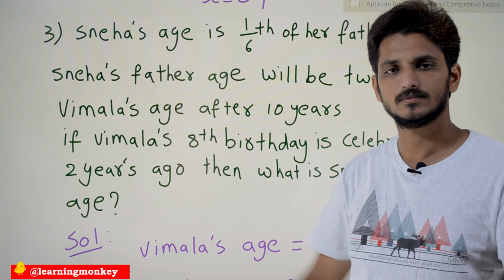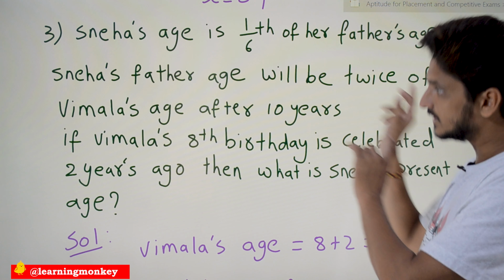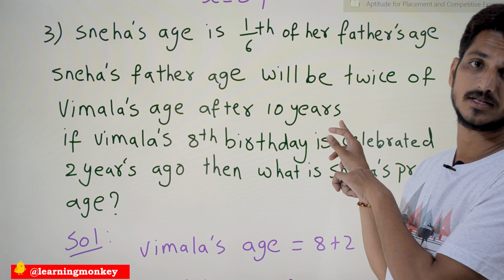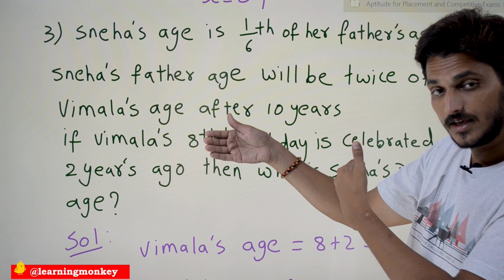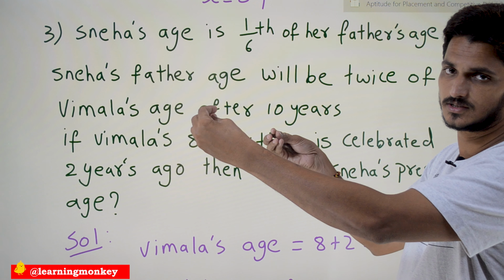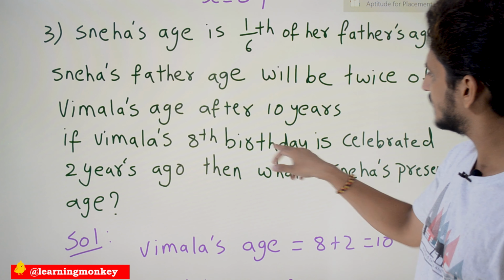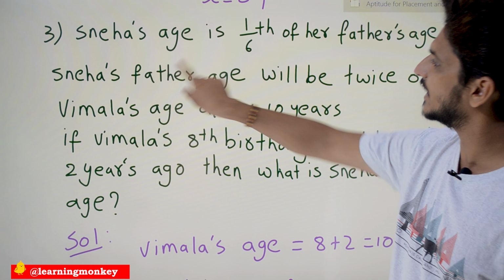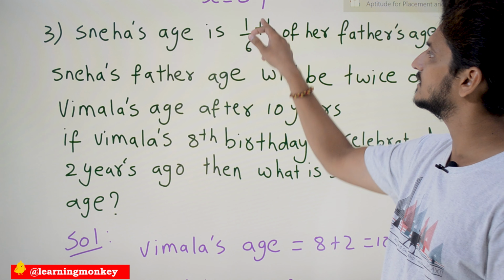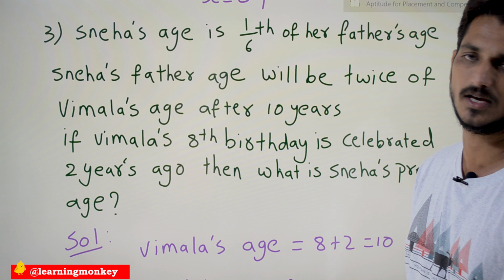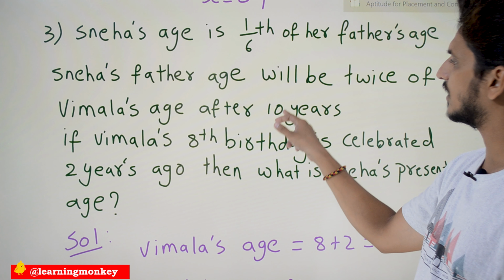So from the second statement, Sneha's father's age is dependent on Vimala's age. Similarly, from the first statement, Sneha's age is 1/6 of her father's age, meaning Sneha's age is dependent on her father's age, and her father's age is dependent on Vimala's age.